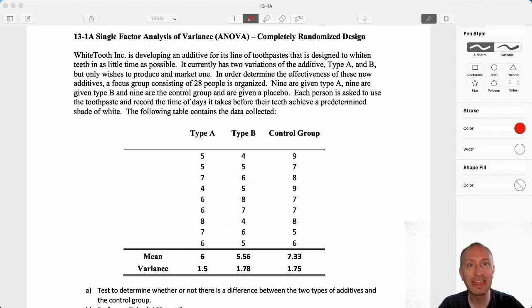Single factor analysis of variance. So this is what is called a completely randomized experimental design. That is one where the experimenter has some control over the application of treatments to the experimental units, as opposed to an observational study.